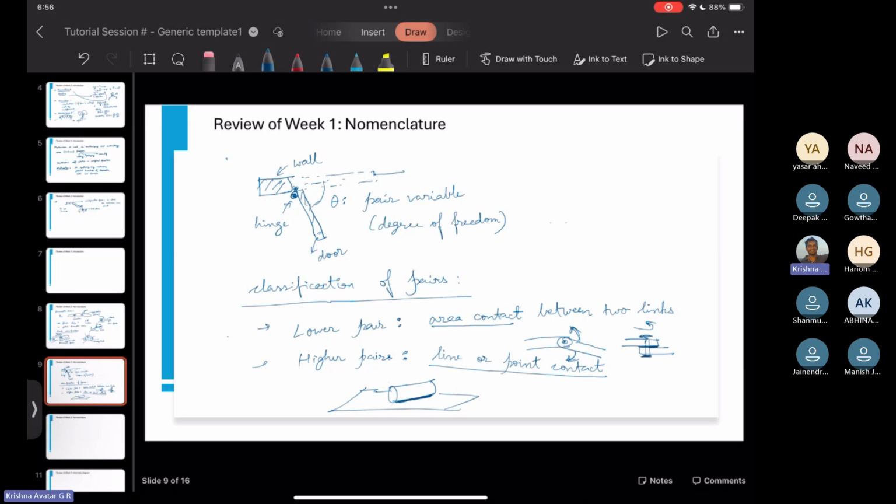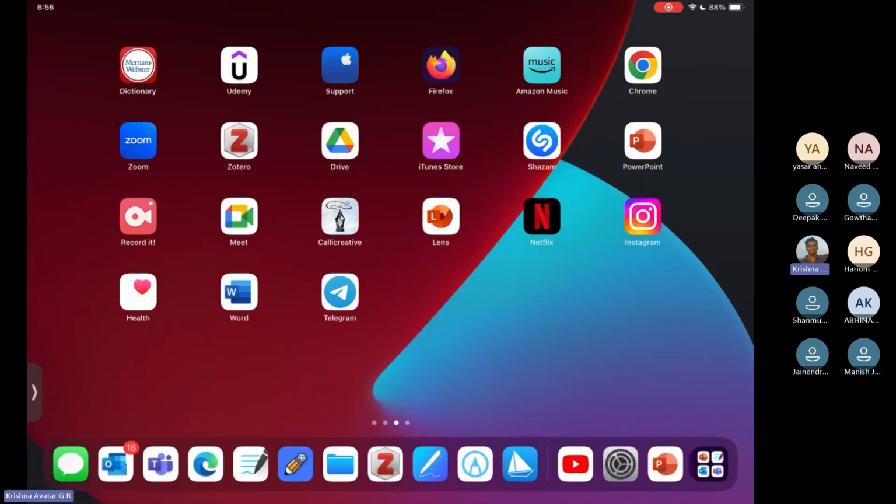As it rolls, the line of contact changes. This here is a line contact between these two bodies. And for point contact, we have, say, a ball rolling over a floor. Then it will be connected at just one point.